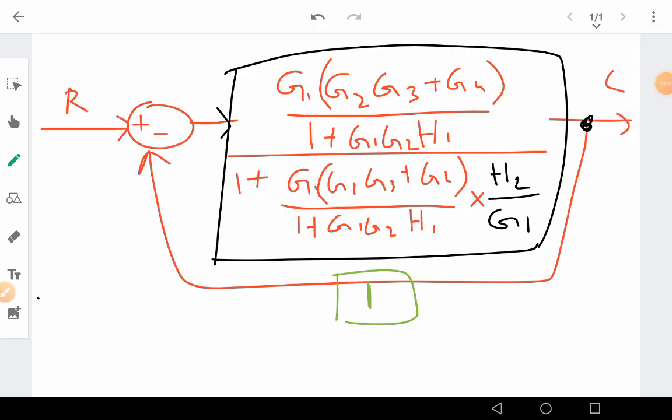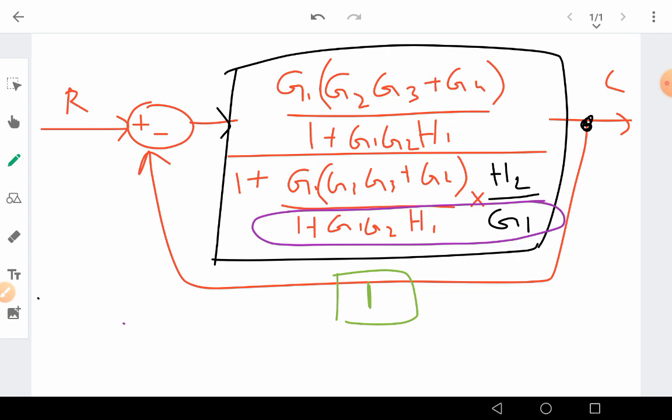Before that, using the formula of negative feedback, you have to simplify this thing. If we simplify this thing, what will be the denominator? Common LCM. Yes, this will be the common LCM, h g1 g2, 1, g1 g2 g4. What is g4?